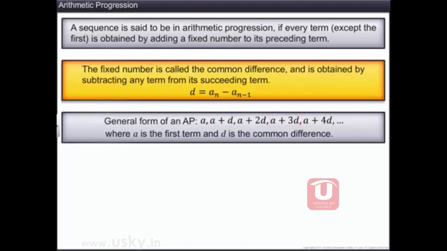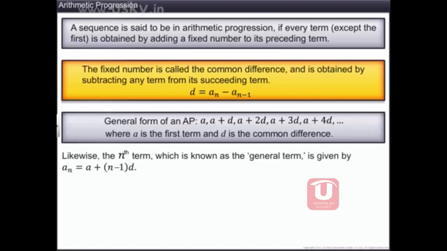Likewise, the nth term, which is also known as the general term, is denoted by a with the subscript n and is equal to a plus n-1 into d. With the help of this general term, we can find out any required term in the sequence without actually finding the preceding terms.